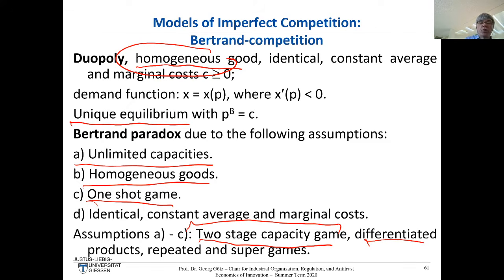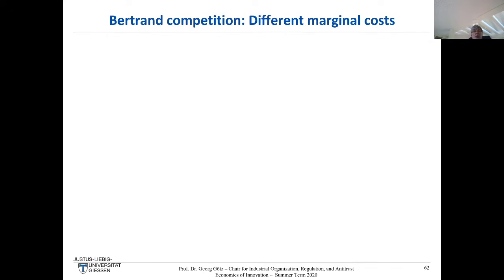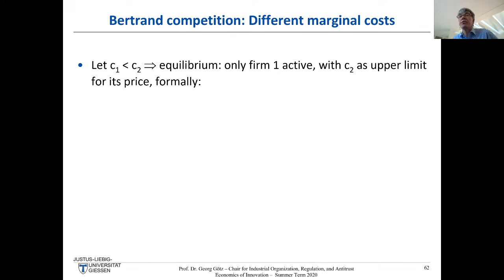But what we want to do now, and this is very relevant, of course, in terms of economics of innovation, we want to abandon this assumption of identical cost. Because the point of, say, introducing a process innovation is that you just reduce the cost below the previous level.